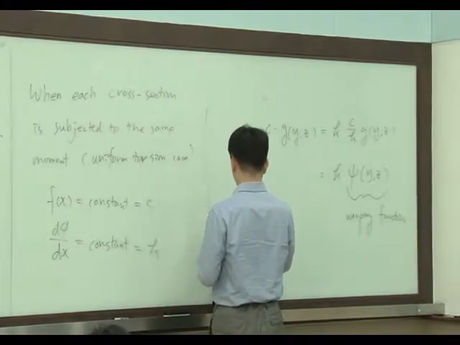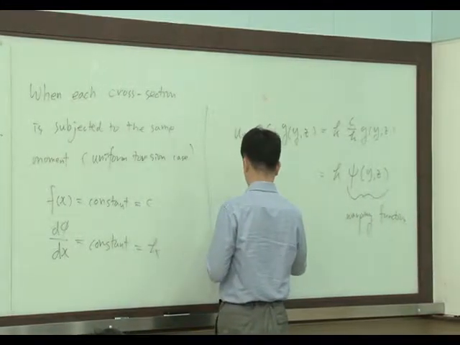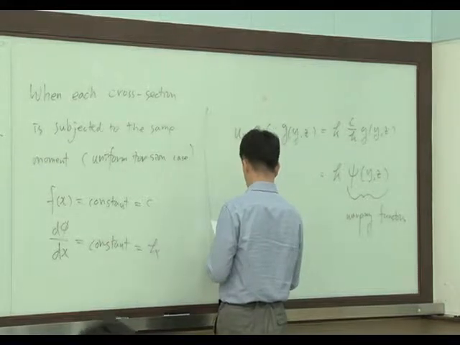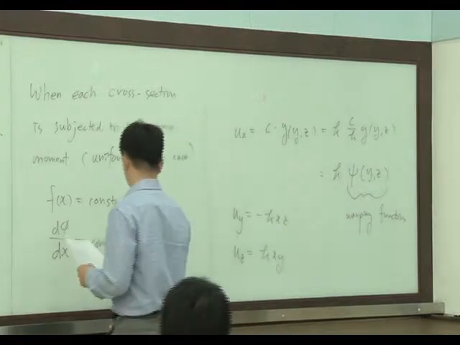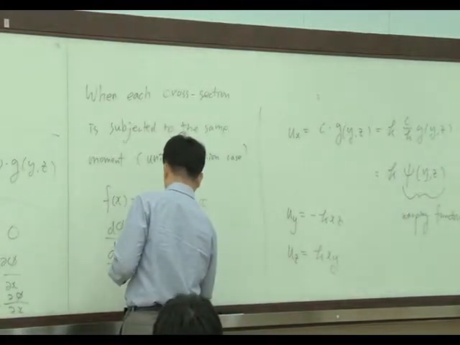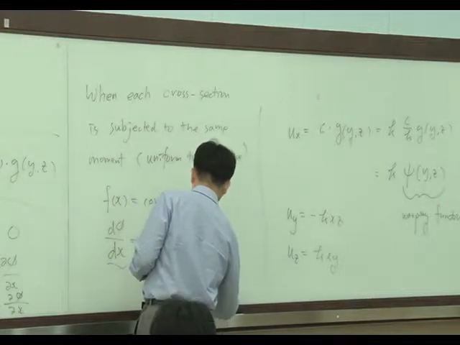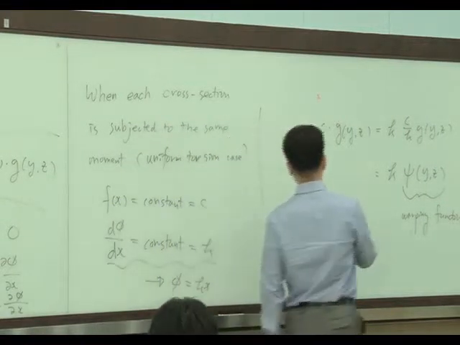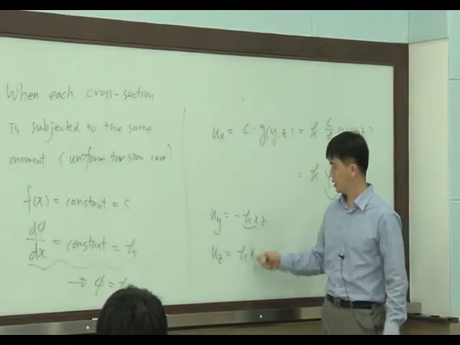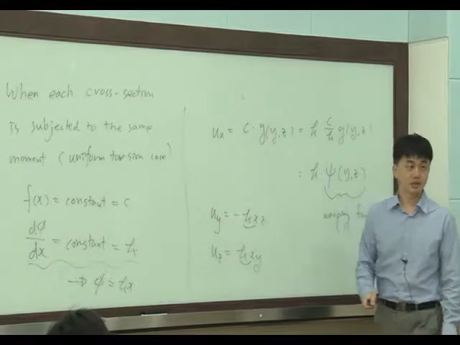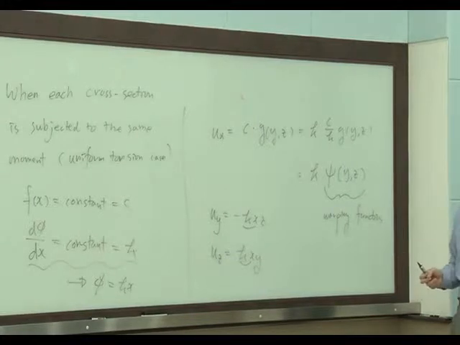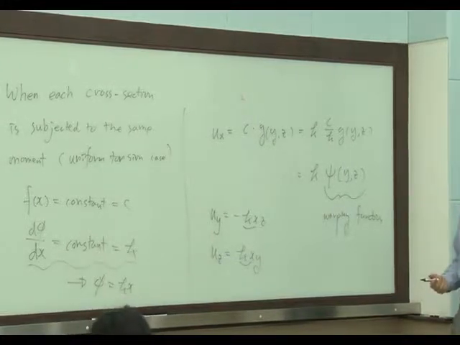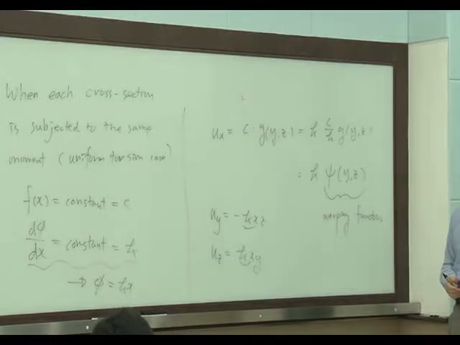And uy becomes minus k x z, uz becomes k x y, because φ becomes kx. Instead of φ, we can put kx. So by introducing the warping function and the constant k, the equations change a little bit.